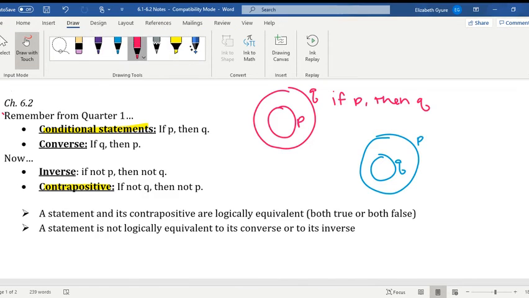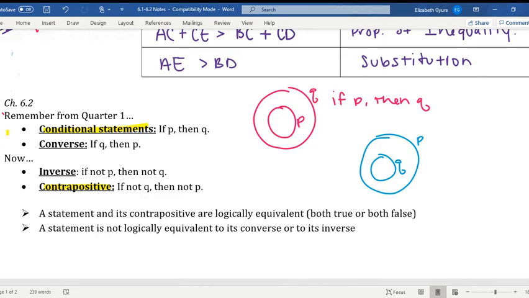So these Venn diagrams can also be used for our new statements. So the if P then Q Venn diagram can also be used for our contrapositives, because conditionals and contrapositives are logically equivalent. If one's true, the other's true. So this one works for if P then Q, and it also works for if not Q, then not P. Because again, the conditional and the contrapositive are logically equivalent.